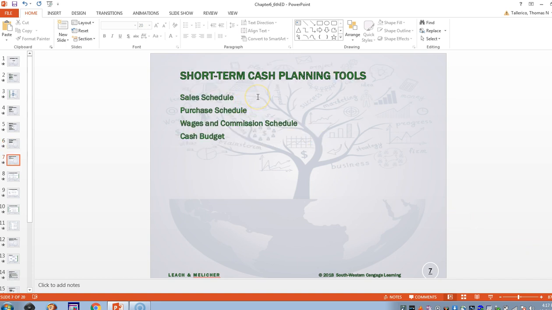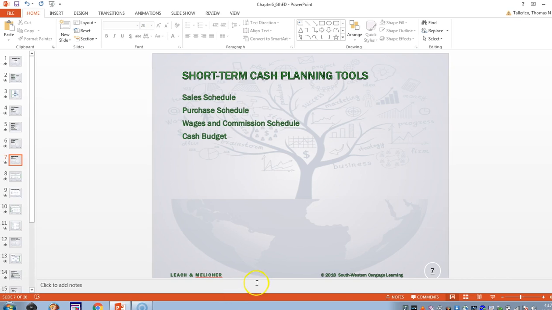Okay, so now we have to start making a short-term cash planning tool. How much sales do we expect based on what we've seen? And how much purchasing, and how much wages and commissions? If we have to pay our salaried employees, maybe we have to pay them commission based on sales or salary.